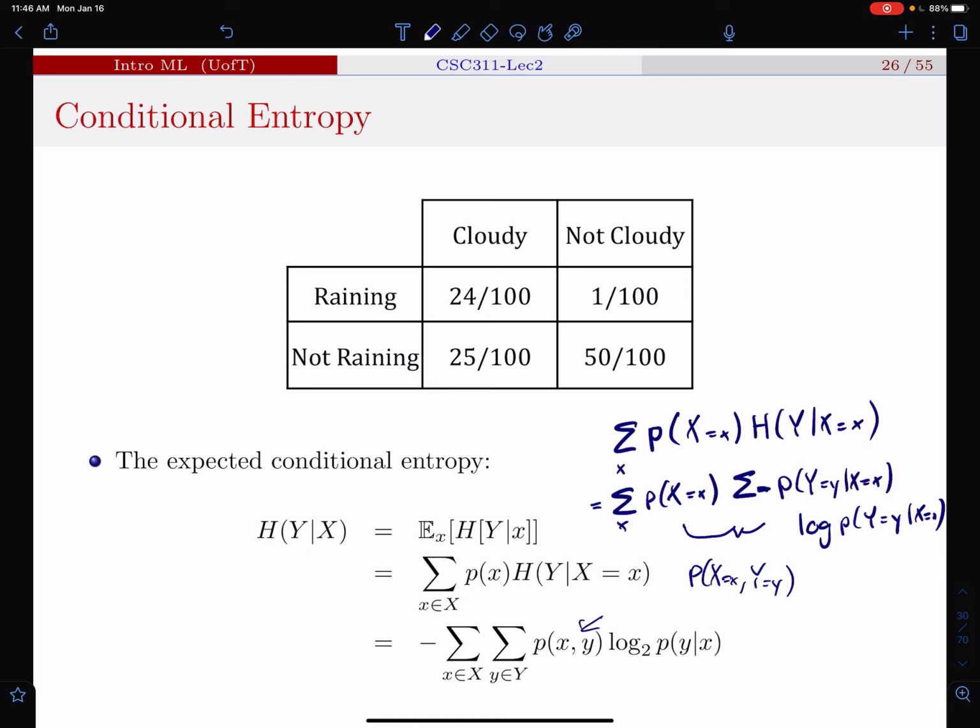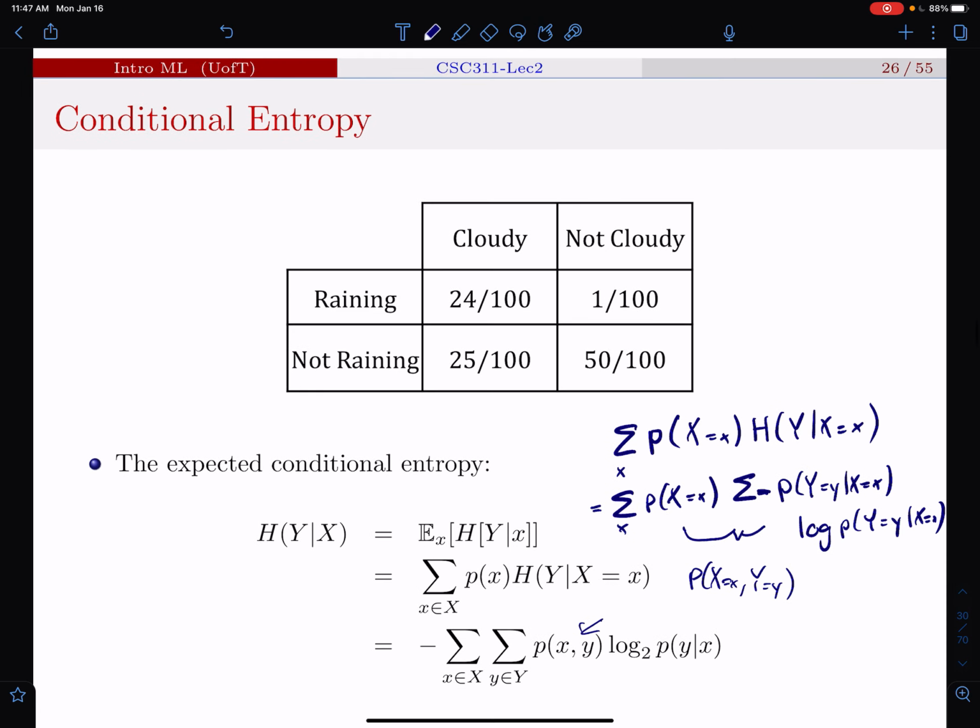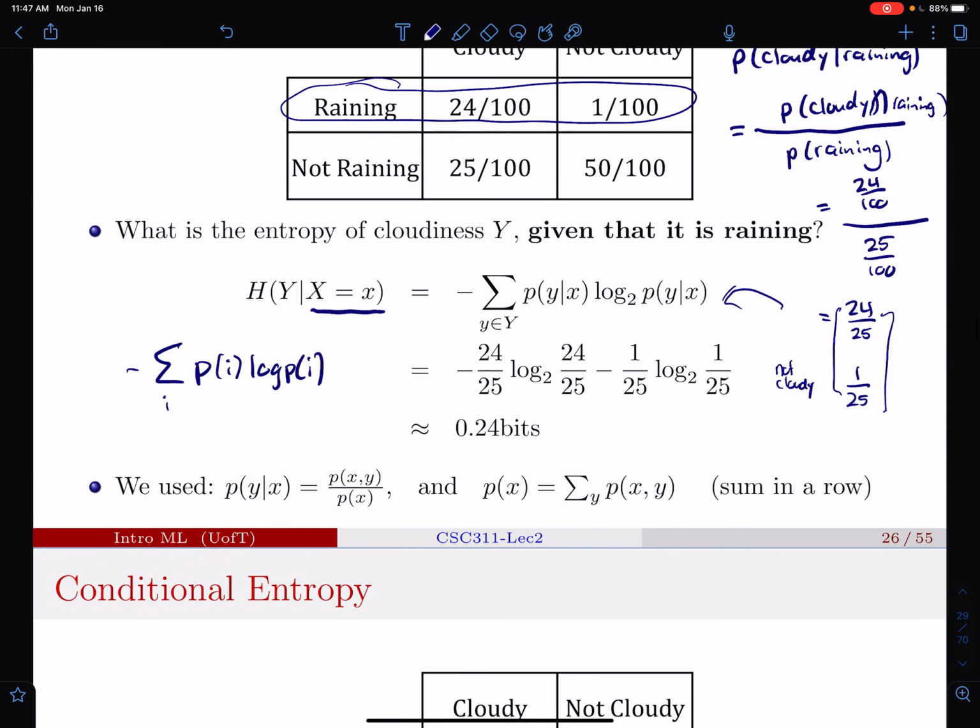It's a little bit more clear, I guess, if we work through this example for the raining case. Yeah. It seems like you're saying that the conditional entropy is equal to the expected conditional entropy, because the slides seem to imply that. Is that the case? Yeah, I guess there's two different concepts here.